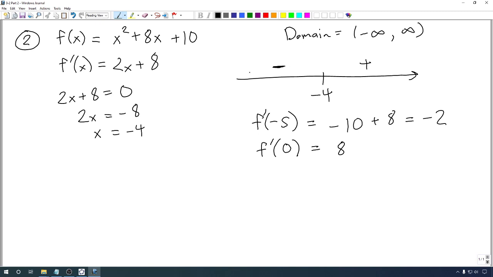This means that our function is decreasing until we get to -4, and then it's increasing afterwards. In fact, we can kind of get an idea of what it looks like. It has to be decreasing. It hits a horizontal tangent line here at -4, and then it has to increase from that point on. What we have is a relative minimum.